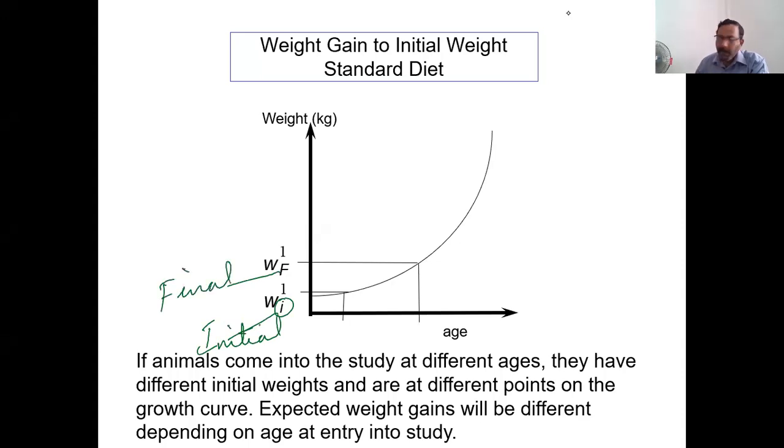If an animal comes to the experiment at this stage, its initial weight is this. After 4 weeks, this is the story. This is my final weight, so this is my weight gain for the one animal. Look at another animal.